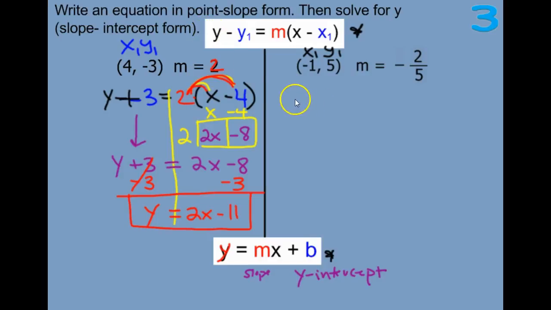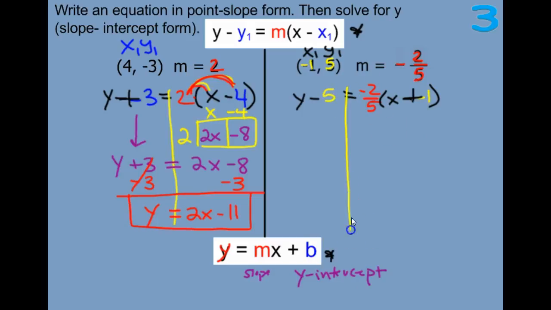So our equation here says y minus y1, and y1 is really 5, right here, equal to our slope, which is m, negative 2/5, and then in parentheses, x minus x1, and x1 right here is negative 1. We know two negatives there make a positive. So that's written in point-slope form.